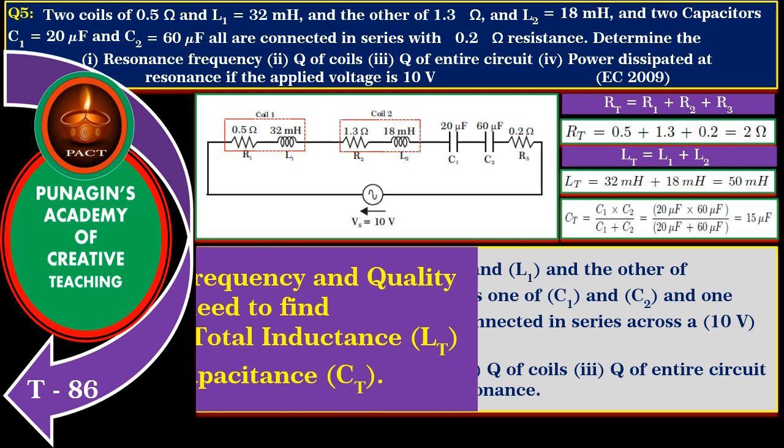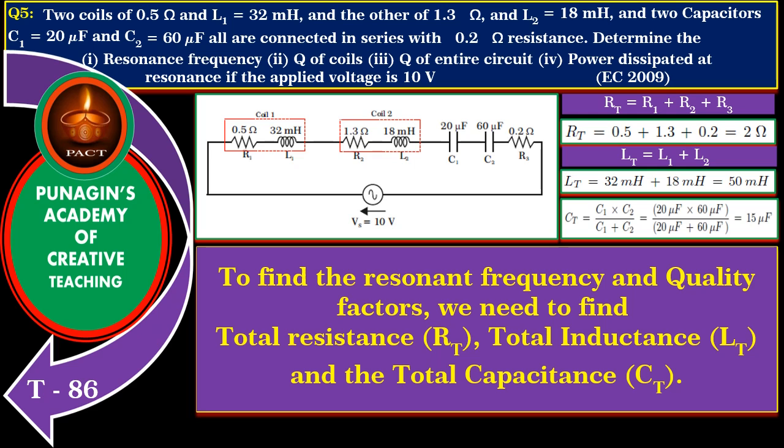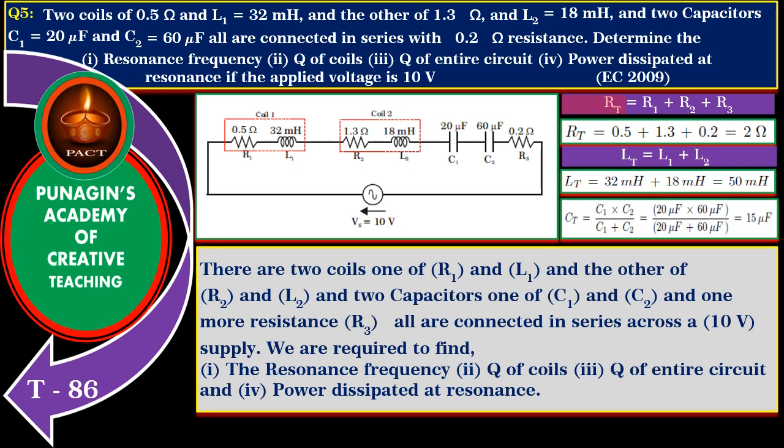To find the resonance frequency and quality factors, we need to find the total resistance RT, total inductance LT, and the total capacitance CT. We know RT is equal to R1 plus R2 plus R3. By substituting the values and solving, we get RT is equal to 2 ohm. Note that inductances are magnetically not coupled.